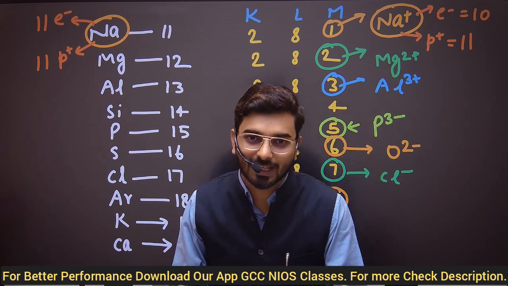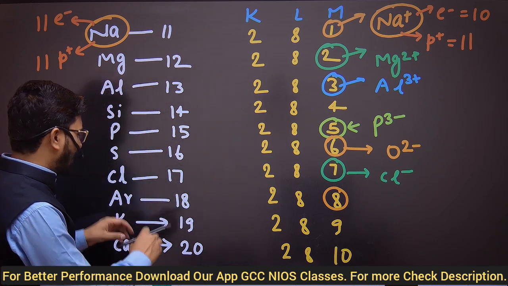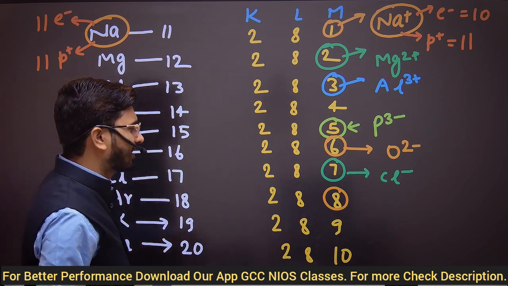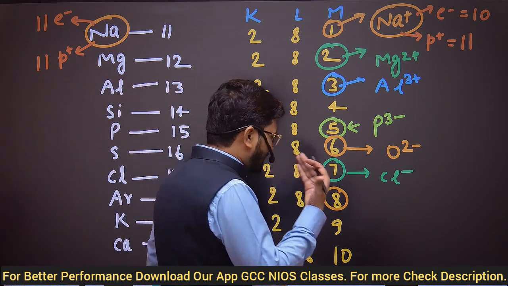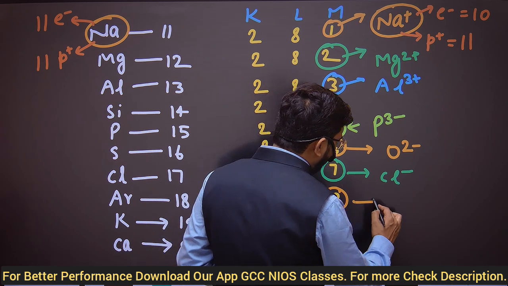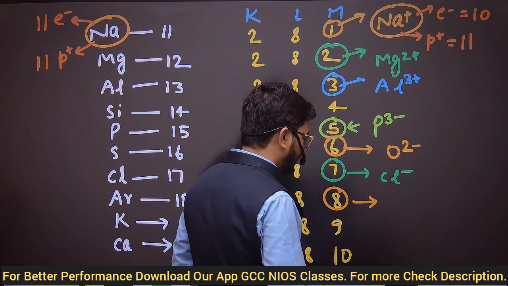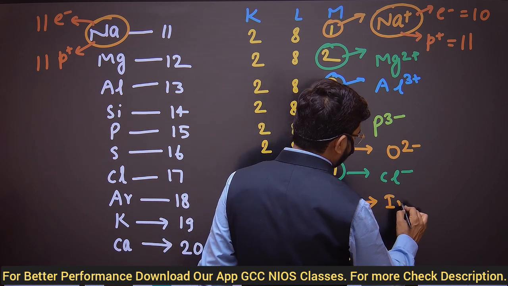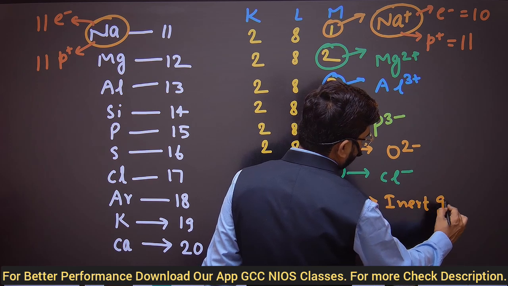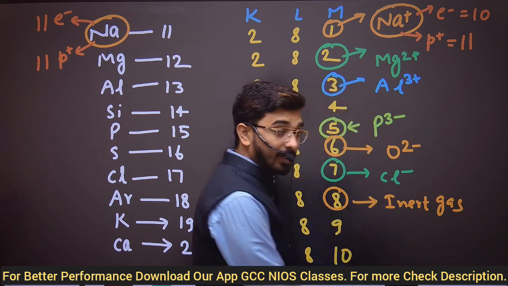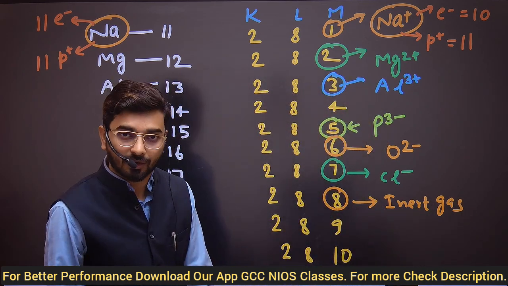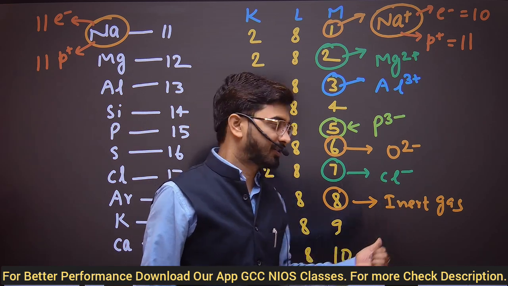So in this case, argon is already stable, and due to its stability, there is no action to do anything further. So these are inert gases, like helium, like neon, which is also inert.